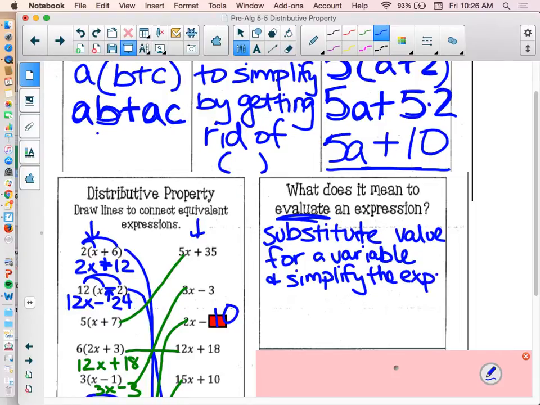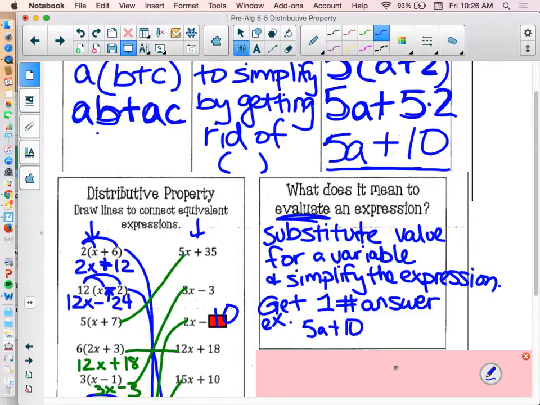When you evaluate, you do actually get just a one-number answer. For example, in the one above, 5a plus 10, let's say that a equals -2. Well, then we have -10 plus 10, which would be 0. So our one-number answer is 0.